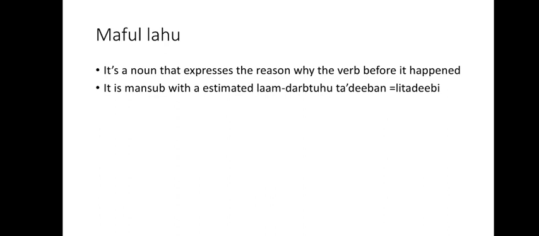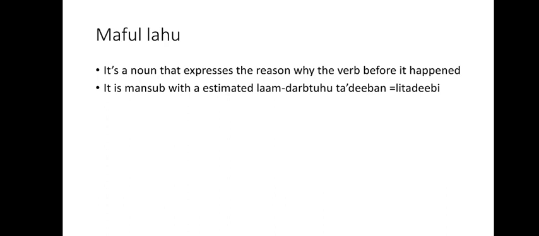So it's not used as a time or space. It's not used as a maf'ul bihi, because you notice the pronoun "hu" in darabtuhu, after darabtu, is an attached objective pronoun, dhamir mansub muttasil. Therefore ta'diban is not the maf'ul bihi. So it makes sense to make it maf'ul lahu, which means an explanation for why the action occurred.